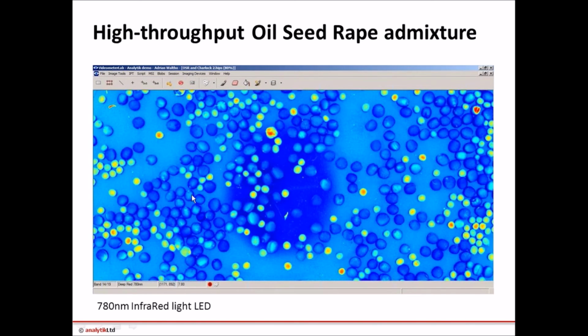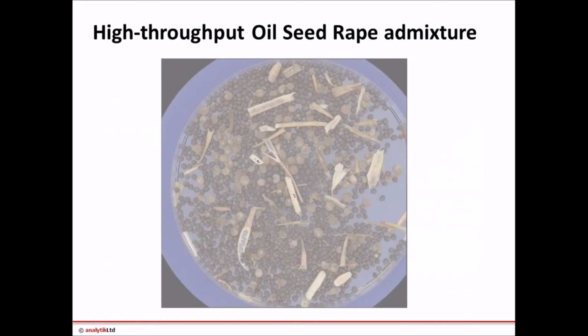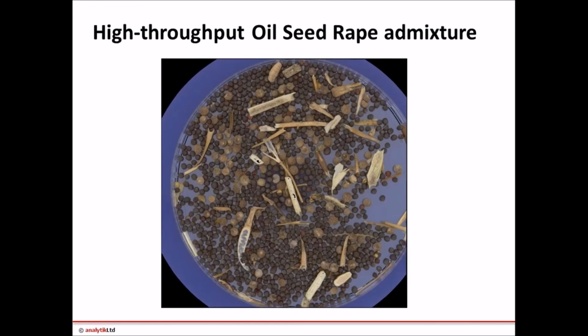And we can see, for example, charlock seeds that are the same size as an oilseed rape, so you might mistake them for oilseed rape, but in 780 nanometer light we can tell the difference night and day. And then we can build a model based on this and run it on a high throughput petri dish, or you saw the auto feeder earlier.